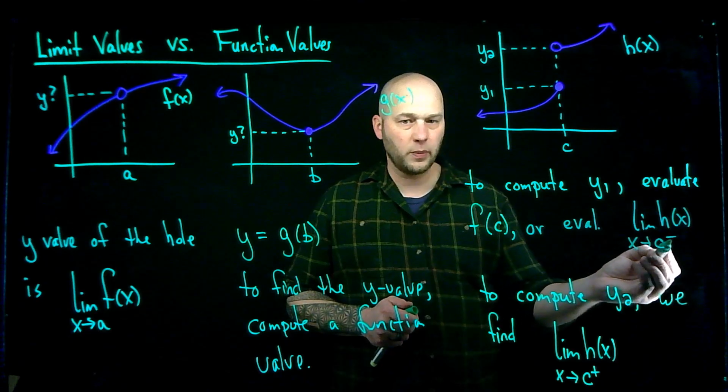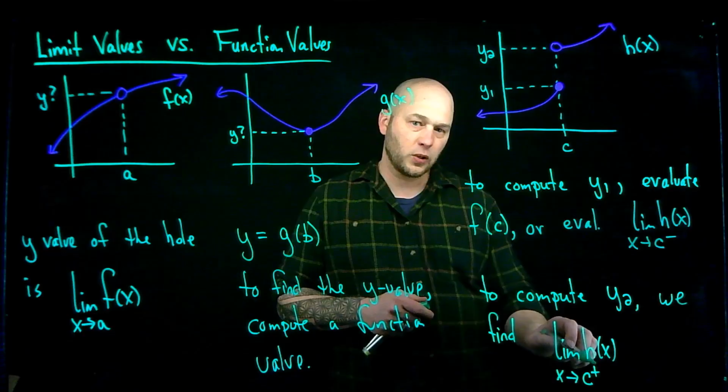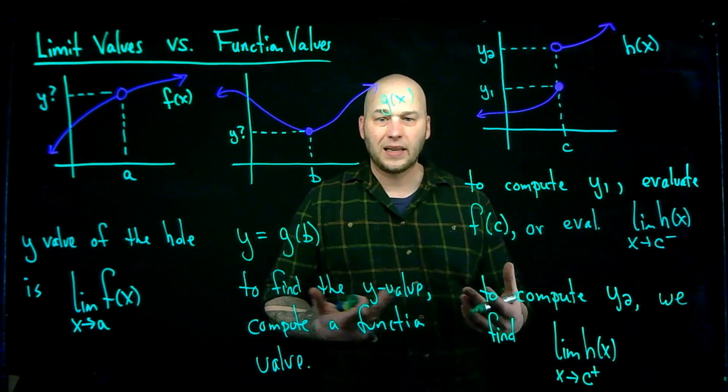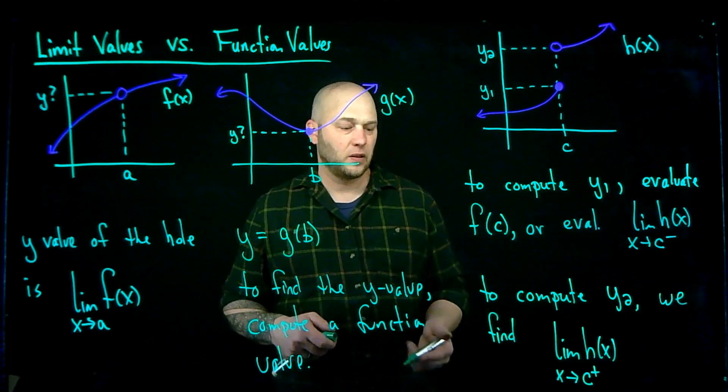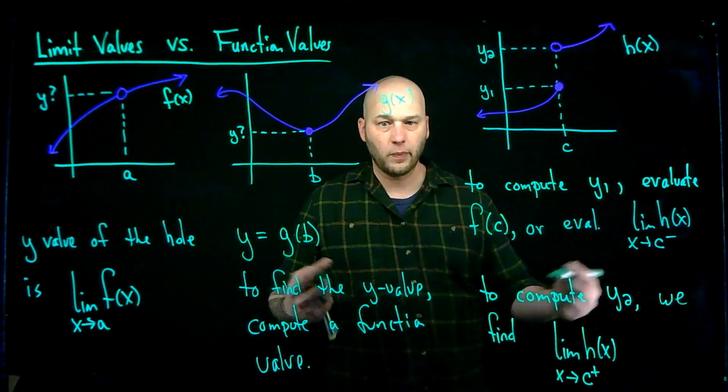Remember, the superscript of a negative doesn't mean negative number, it means from the left, and the superscript of a positive means through values larger than c, not strictly positive, because I could approach -5 from the right. It doesn't mean I'm approaching through positive numbers.